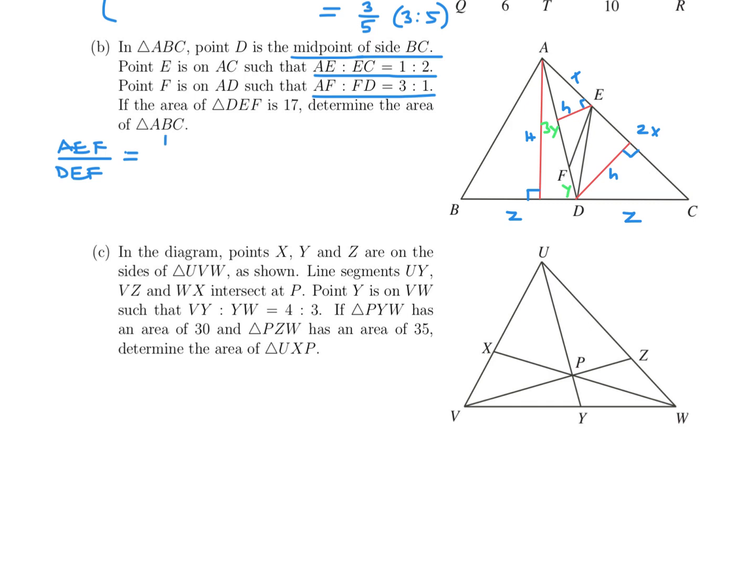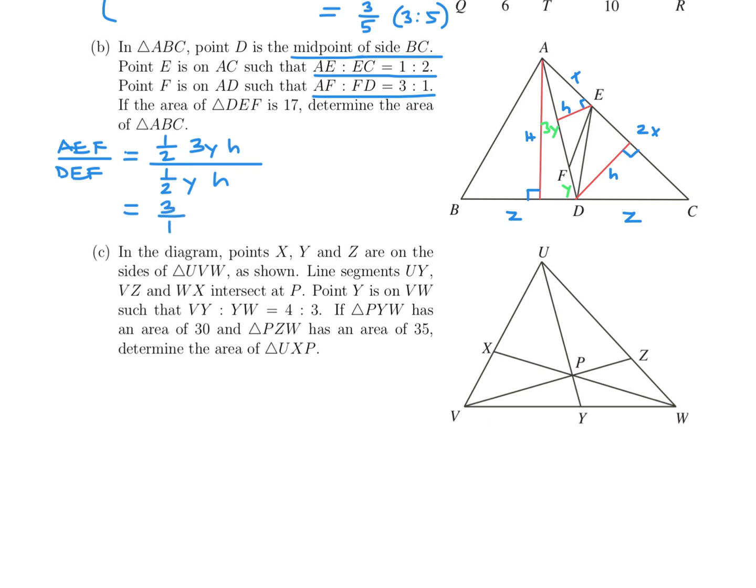So 1/2 base times height for triangle AEF. AEF, so 1/2 base is going to be 3Y, and the height is H. And then DEF, 1/2 base, the base is Y, and the height is also H. So this immediately becomes just 3 over 1.